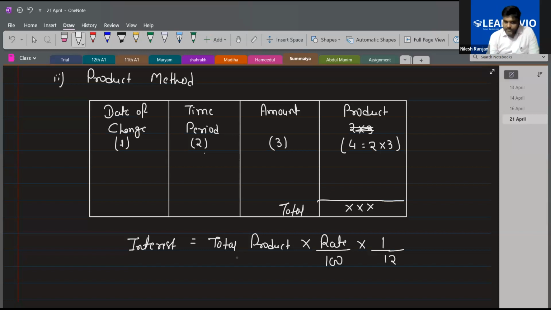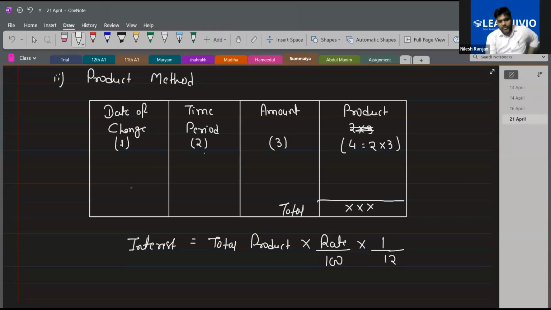So in this product, we have the time period included. That's why we are using 1 month. So if there are more than 4 or 5 adjustments in a year, 4 or 5 changes during the year, then we can use this product method. It will be easy.